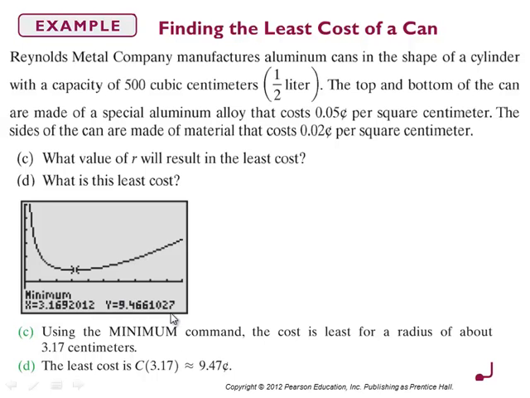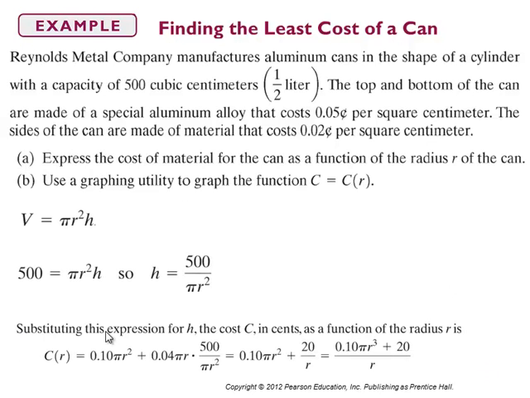Okay? So that's how you do it. And then what would be that volume? That volume would be pi times the radius squared. The radius is 3.17. So pi times 3.17 squared times the height. Now, what would that height have to be? You can just plug in 3.17 for r in this equation here.